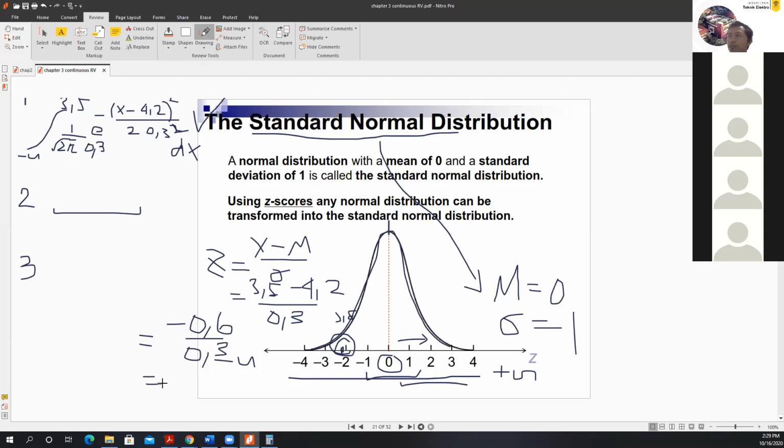It means that it is minus 2, right? Minus 2. So the Z is minus 2. We keep this result and check the table.